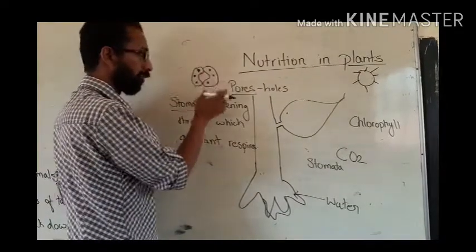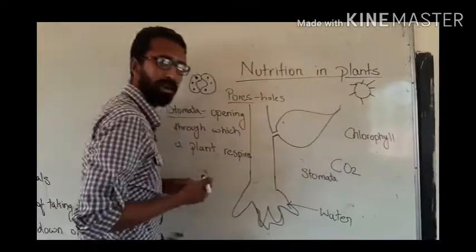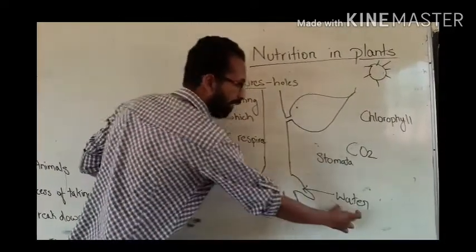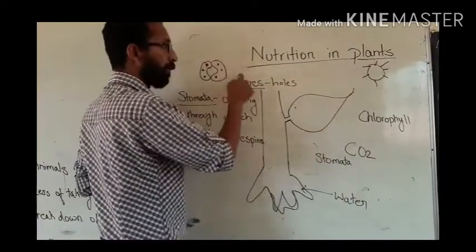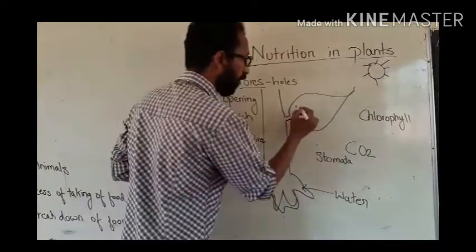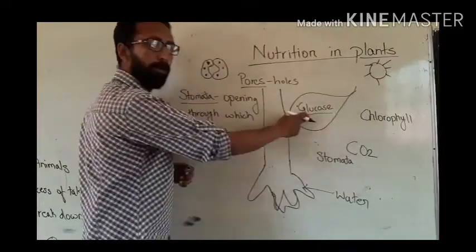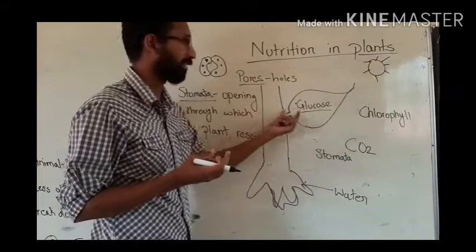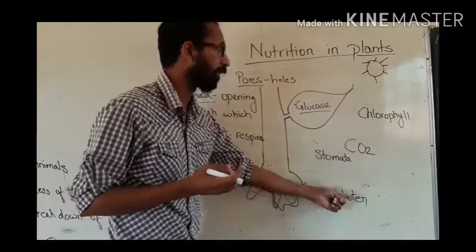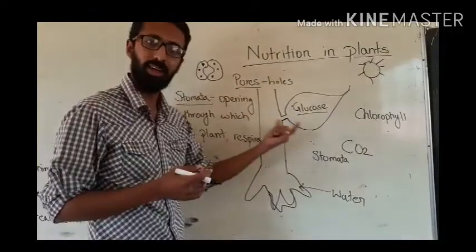From the pores, the plant takes in carbon dioxide, and the carbon dioxide taken up with water is used by the plant in the presence of sunlight to convert it into energy or food, glucose, the simple molecule or simple food structure which is formed by the plant with carbon dioxide and water in the presence of sunlight inside each and every leaf.